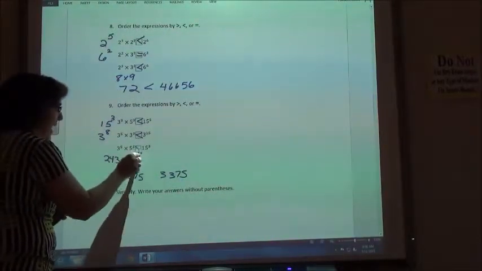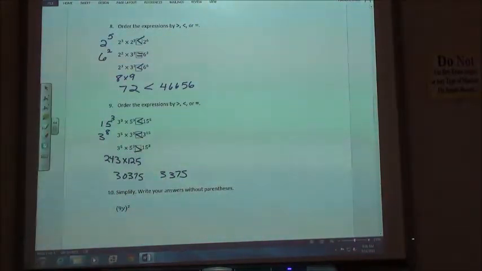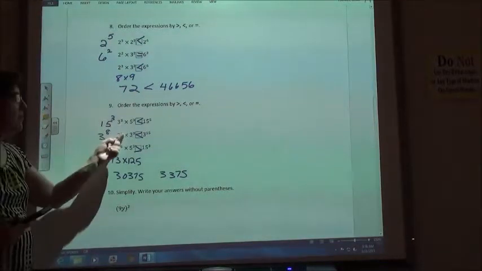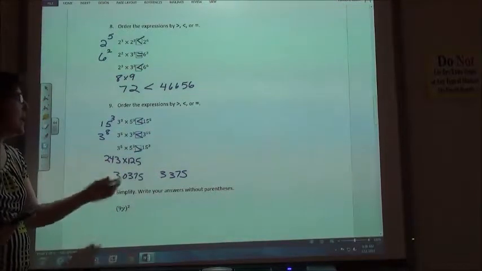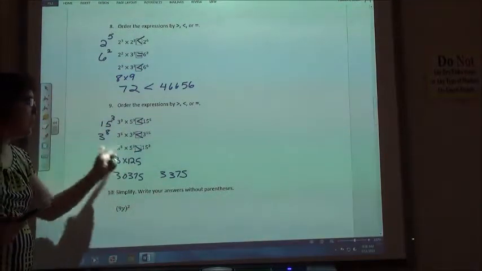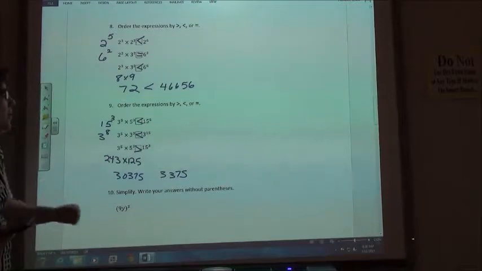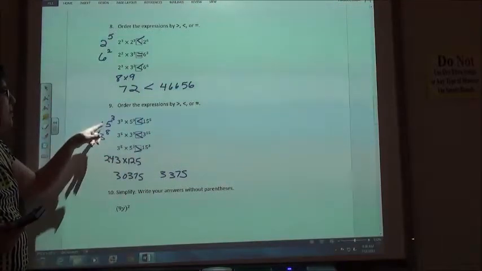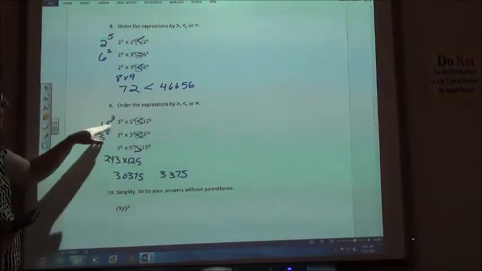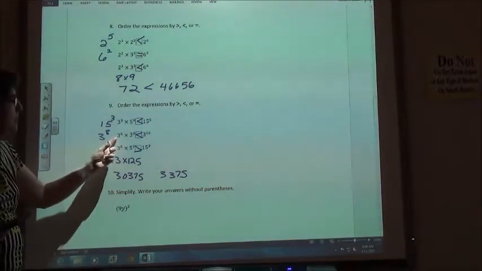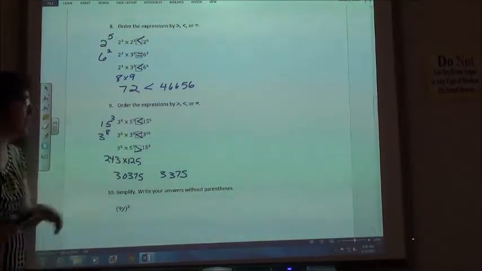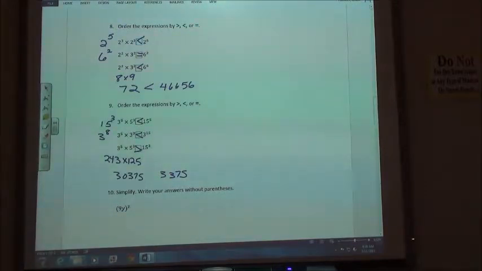So we can see that 30,375 is greater than 3,375. And really on all of these problems, you could do the calculations and compare your two answers. They're just trying to give you a shortcut where you don't have to do all the multiplying out and figure out what the numbers are by either, if my exponents are the same, multiplying my bases, or if my bases are the same, adding my exponents and giving you a little shortcut.